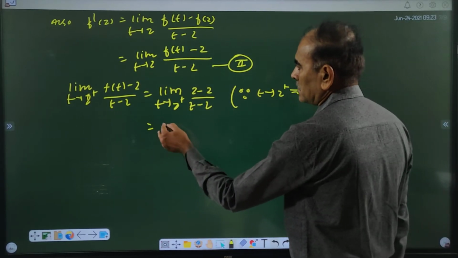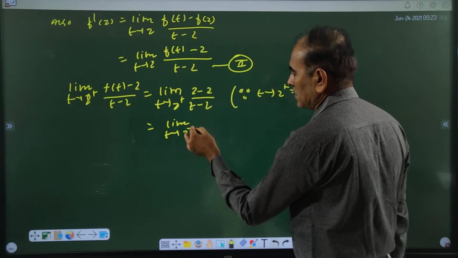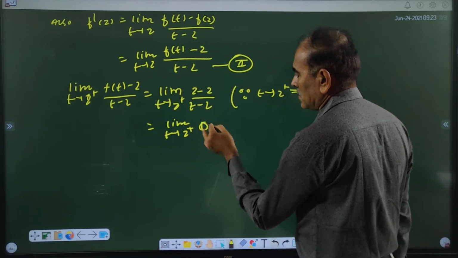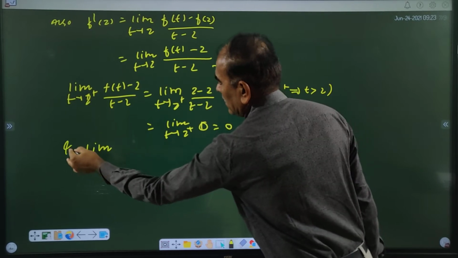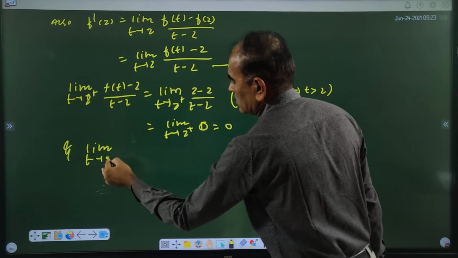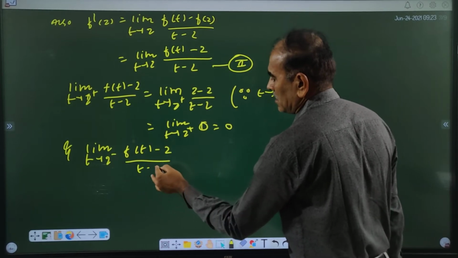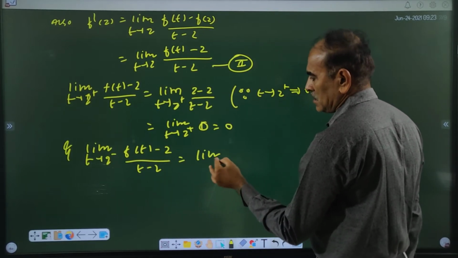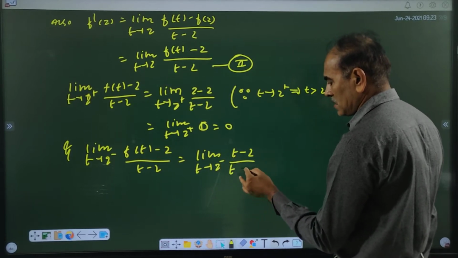So that is equal to limit t tends to 2 plus 0, which is equal to 0. And limit t tends to 2 minus of (f(t) minus f(2)) upon t minus 2 is equal to limit t tends to 2 minus of (t minus 2) over (t minus 2). Why?